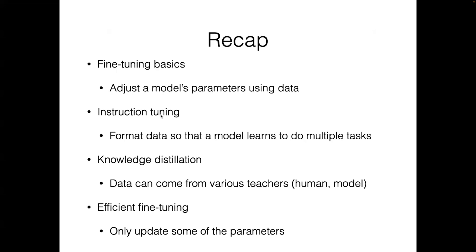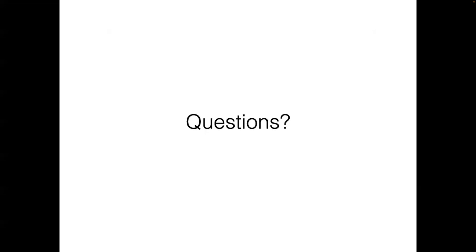And knowledge distillation, I went through it quickly, but one insight is that the data can come from various teachers, and ultimately we're fitting the model distribution to match the teacher distribution. So you can think of fine tuning as a data set produced by maybe a human, but you can also have models generate the data that you fine tune on. And then you can do this more efficiently by only updating some of the model's parameters. So that's it for today.